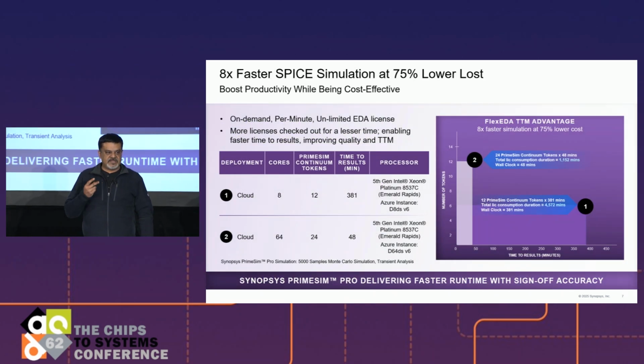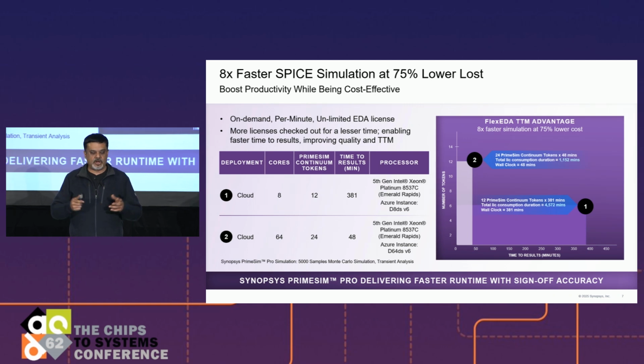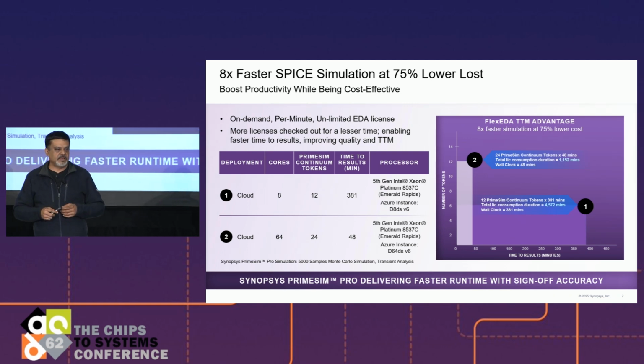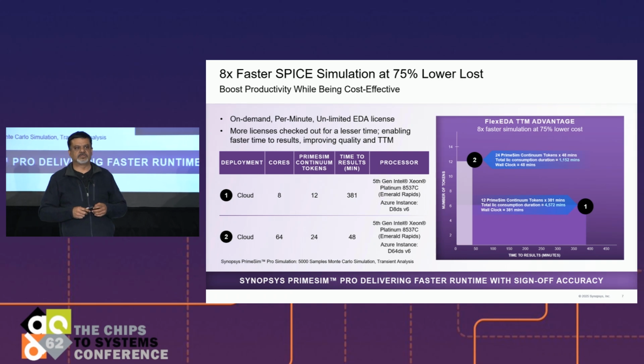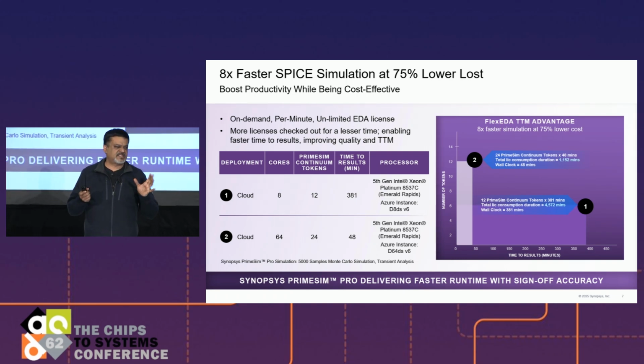So here's a specific example. This is from a simple 5,000 samples of Monte Carlo simulations for transient analysis running PrimeSim Pro. We ran this with a small 8-core machine on the cloud, and that requires 12 PrimeSim tokens. The total job took 380 minutes, which is about 6.5 hours.